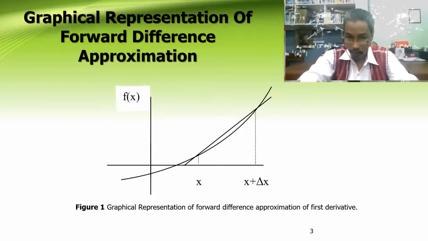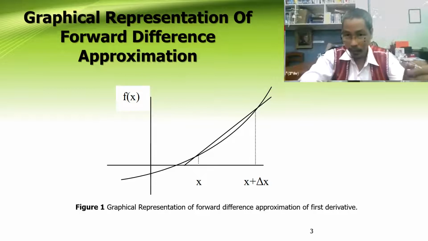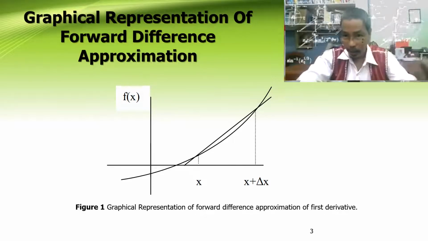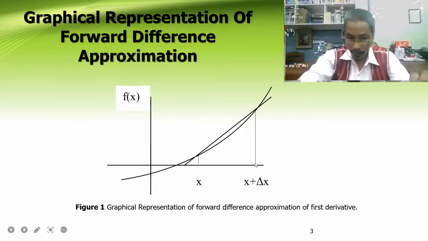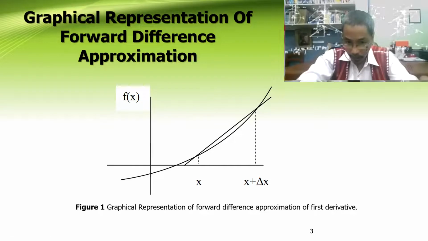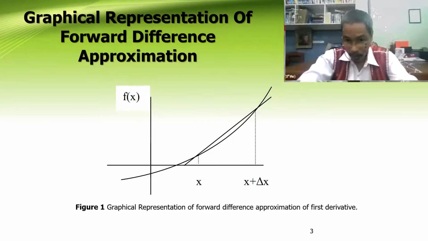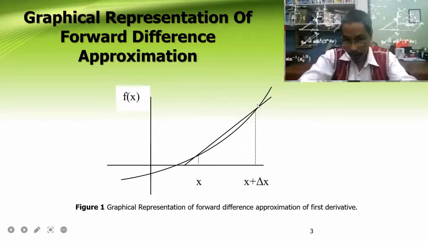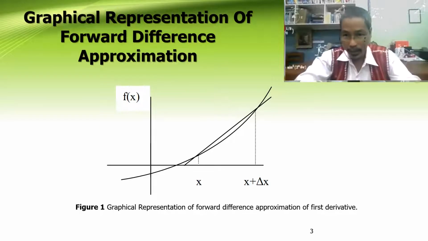Substitute the value of 11 rather than 10 for the variable x, then evaluate the function again, and you will find that the value is the height of the graph from this point to this point. What is this height? That is actually our f(x plus delta x).